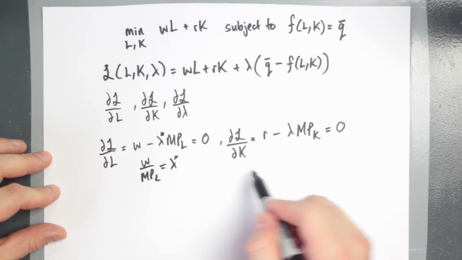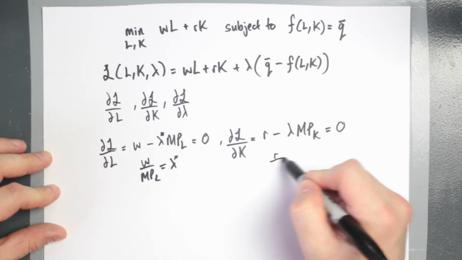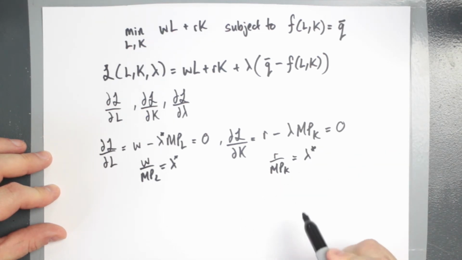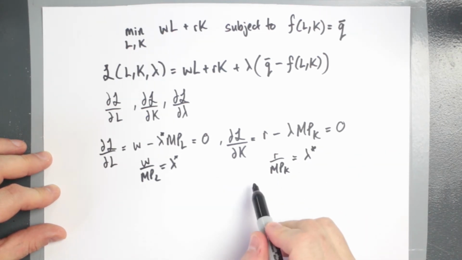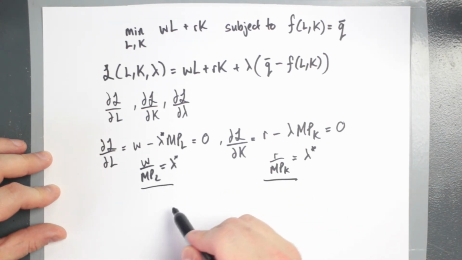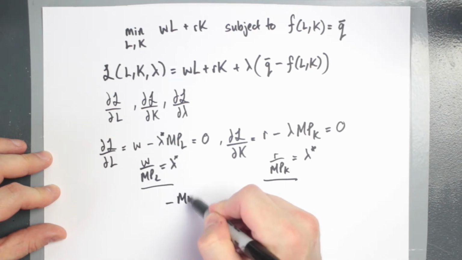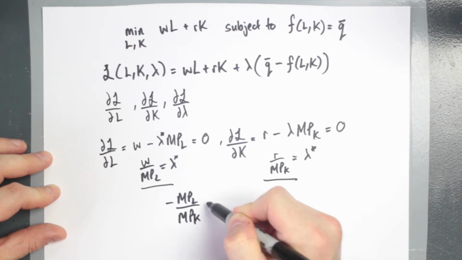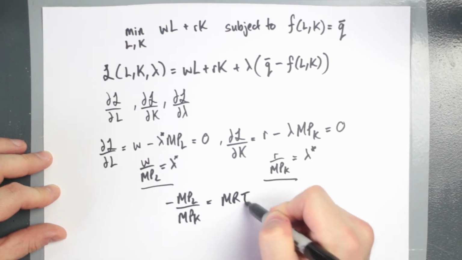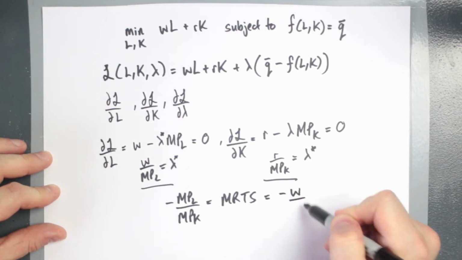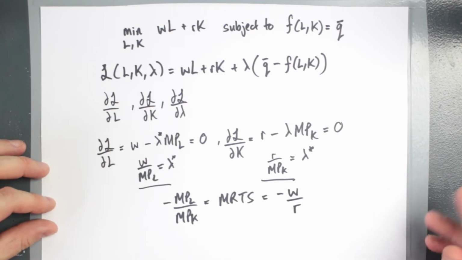And in this equation here, I would get R over MPK is equal to lambda star, okay? Which means these two things are equal to each other. So taking these together, with some slight rearranging, I could get minus MPL over MPK, which is the marginal rate of technical substitution, would have to equal minus W over R, okay?